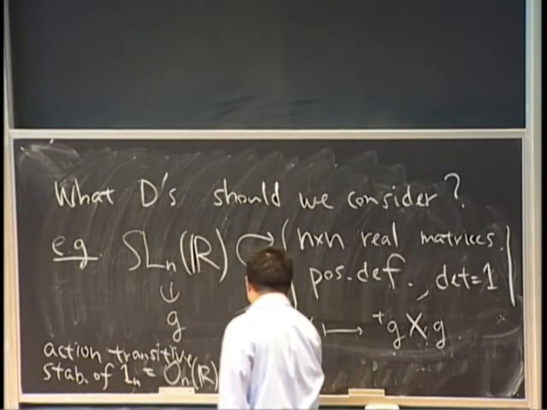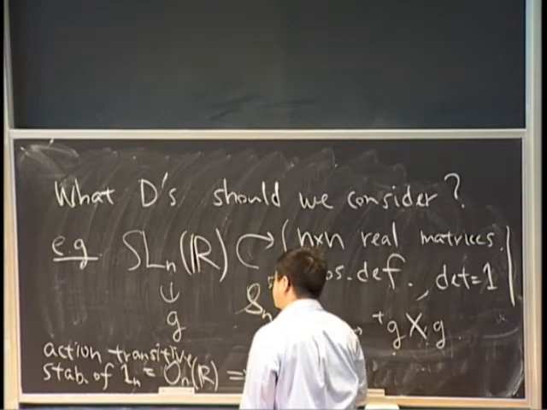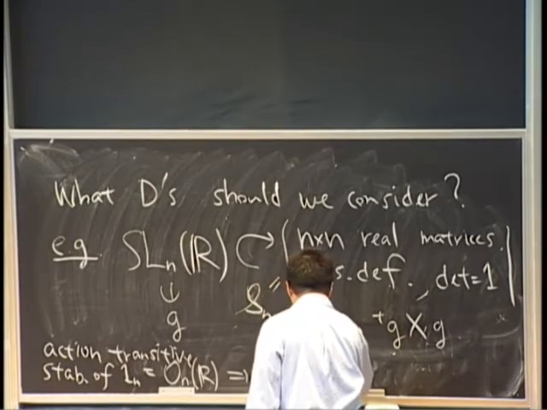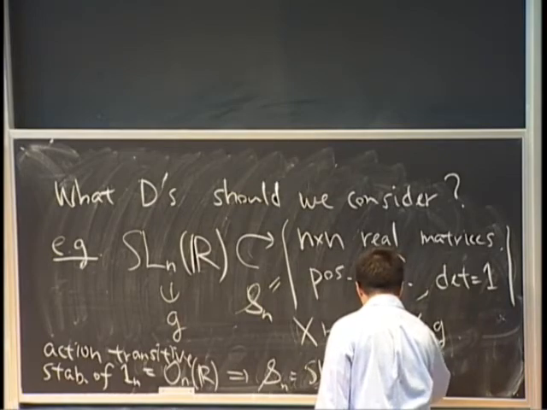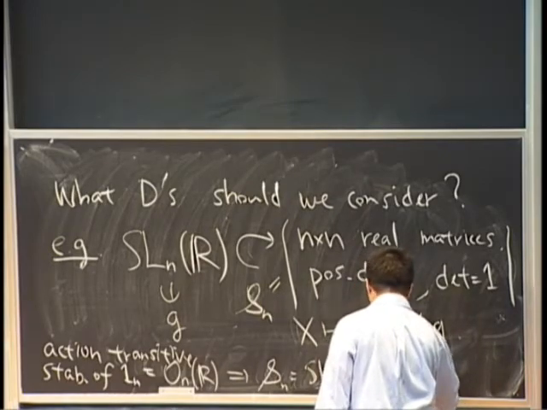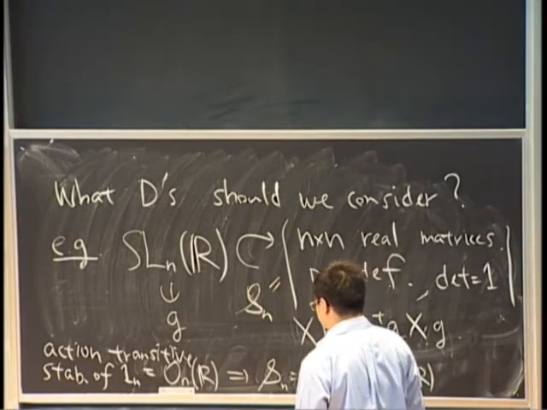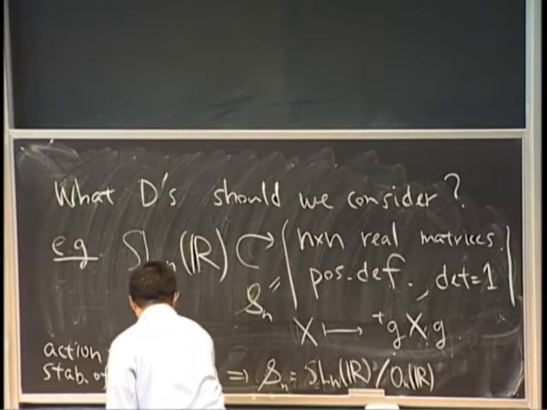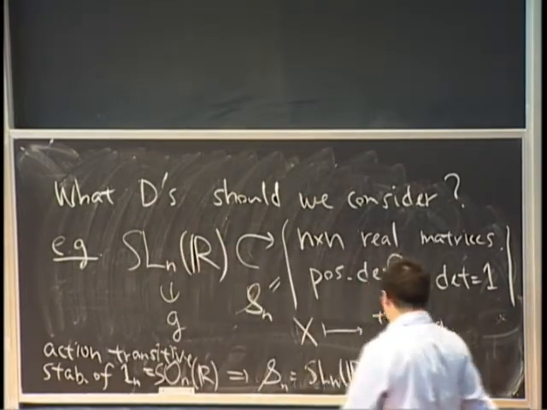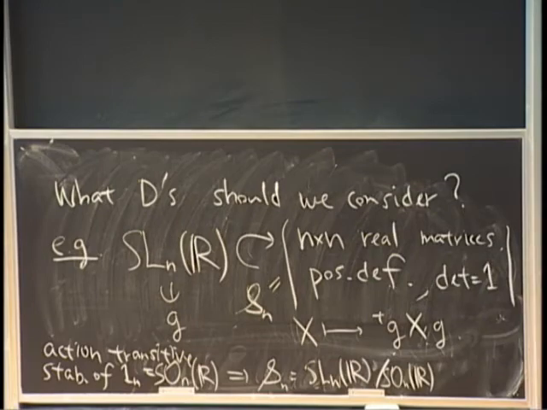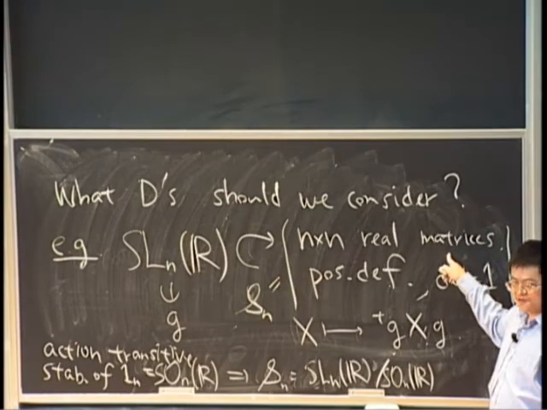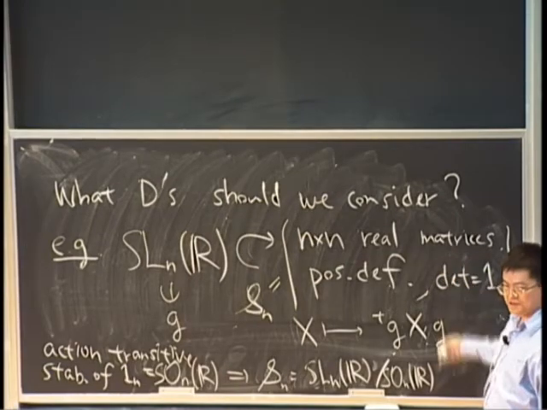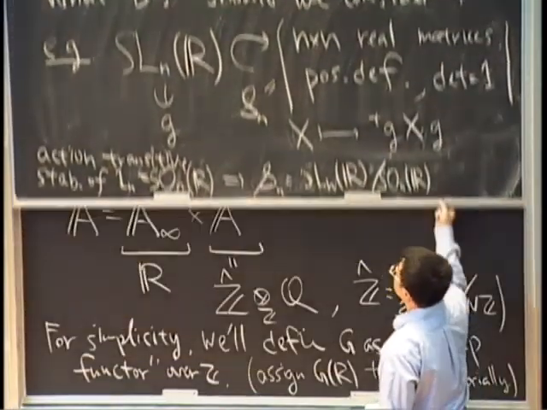So this implies that this space is actually not hard to describe. I can actually just model it as SL_n(R) modulo SO_n(R). I probably need to write SO because it's SL. But if you just look at this space itself, for some n it has odd dimension, when n is equal to 3, for example.